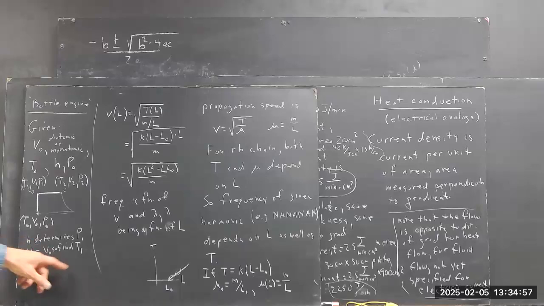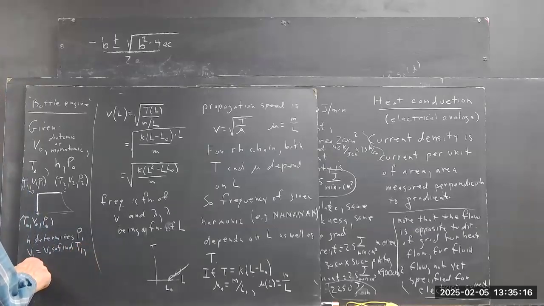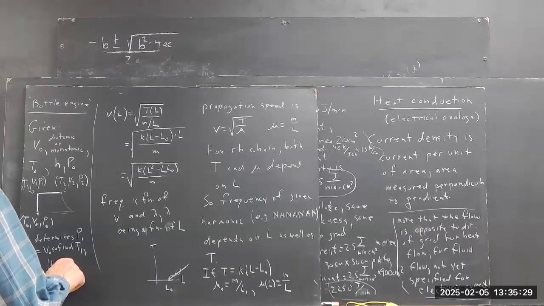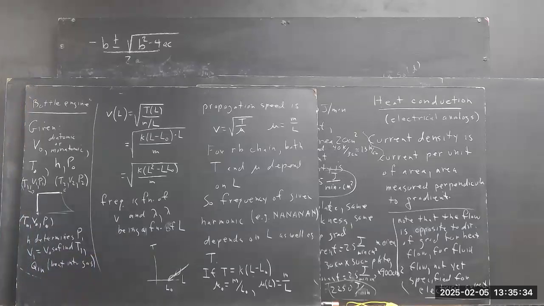Volume stays the same, so we can determine T1. Since we know T naught, P naught, and P1, we can determine T1 just by the gas laws. That's trivial. And QM is the heat that goes into the gas.